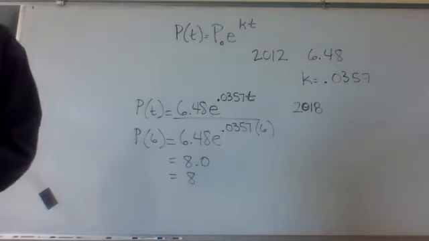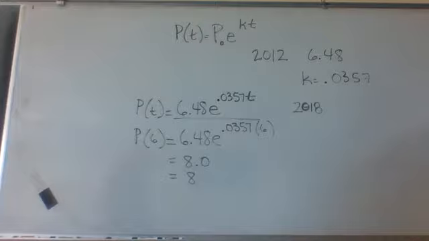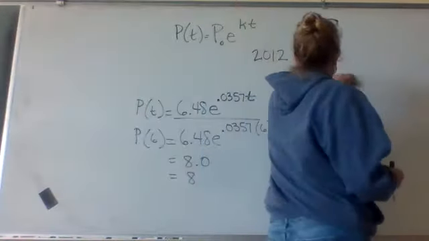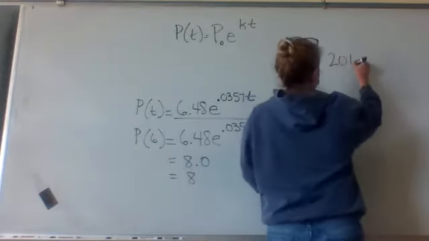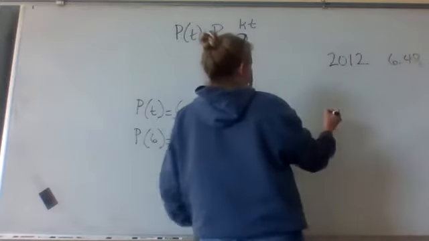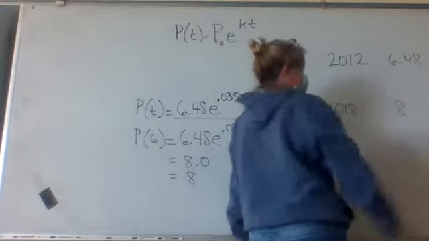The C part says the population will be 10 million. So what we have found, let's make a little chart. In 2012, it was 6.48 million. In 2018, it was 8 million.